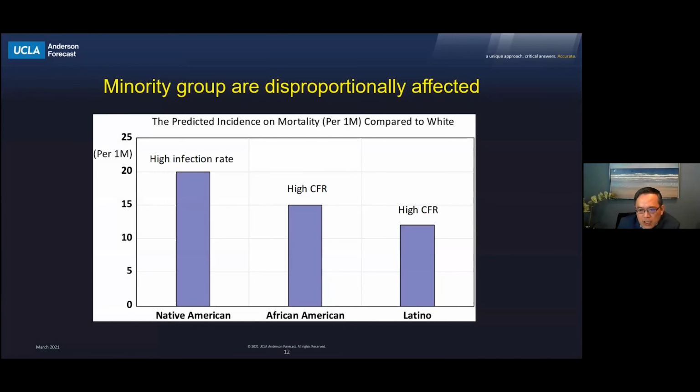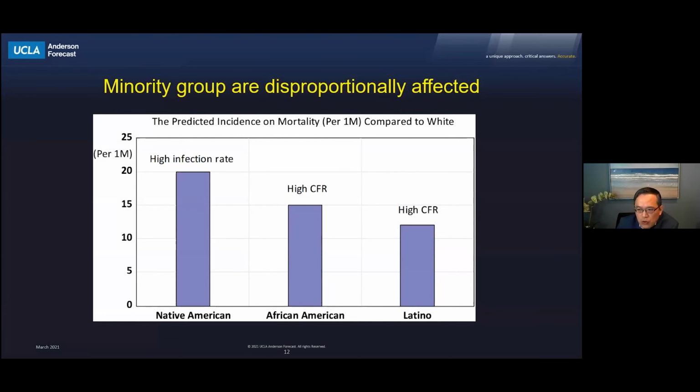Okay, so over the year, we had heard stories and reports from the newspaper saying that minority groups are disproportionately affected by COVID-19. Unfortunately, that is very true. That is confirmed by our empirical studies.